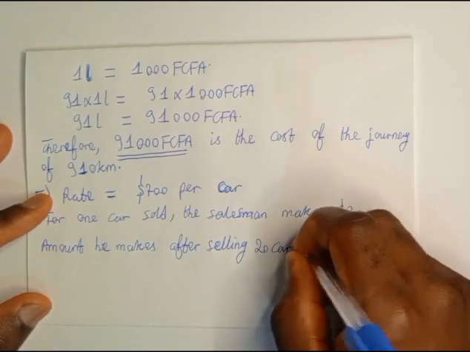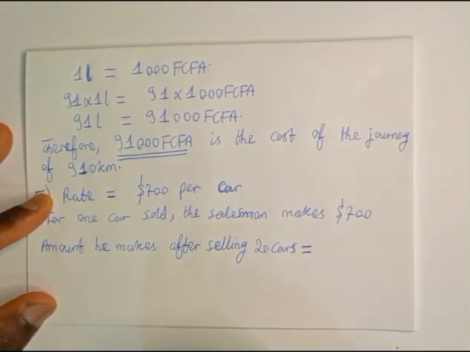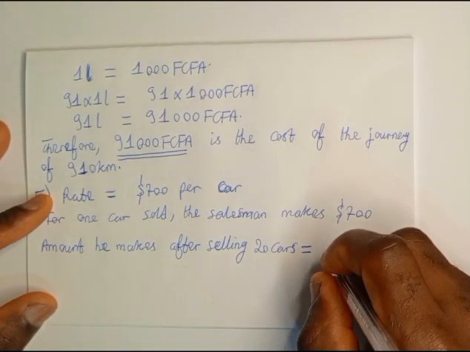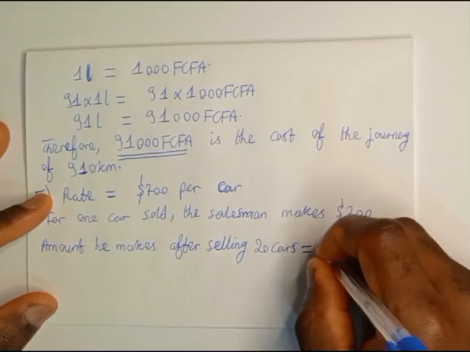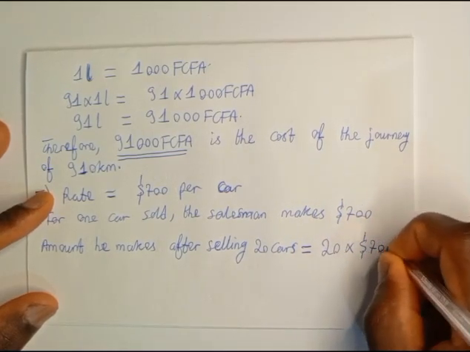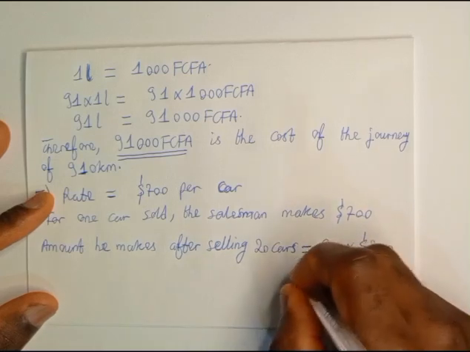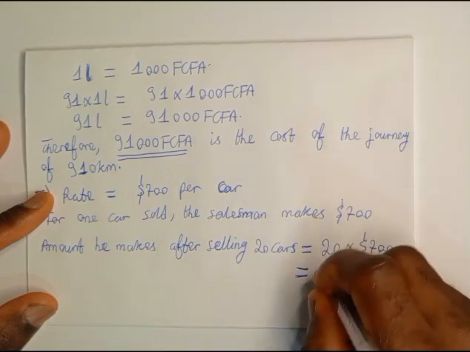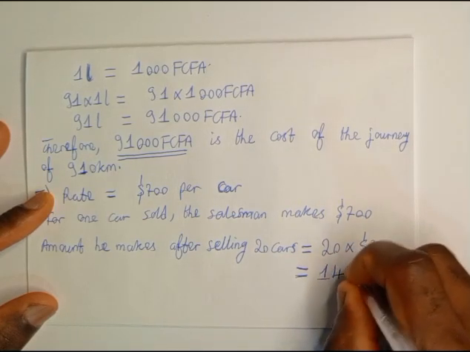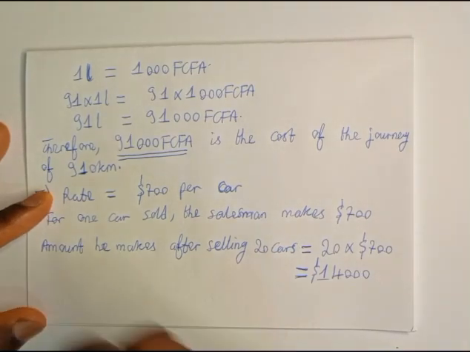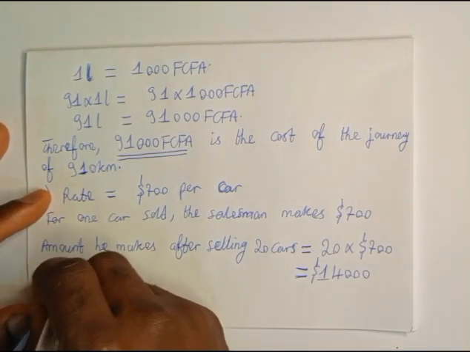The amount will simply be equal to, we are going to multiply the amount he makes after selling a car by 20. 20 times $700. And this will simply be equal to 20 times $700 gives us $14,000.